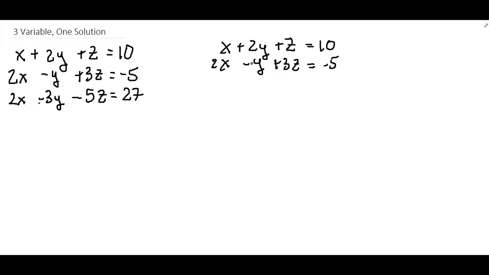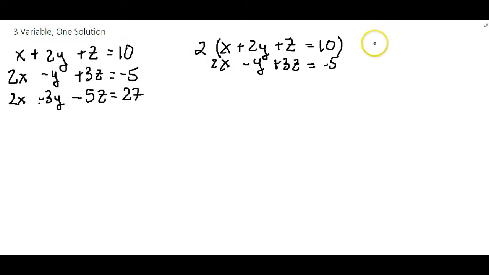So the first one we're going to eliminate is our x's, because in our first equation we have just an x, and in the second one we have 2x. So the first equation we need to multiply each side by 2, so that way we can eliminate our x's.